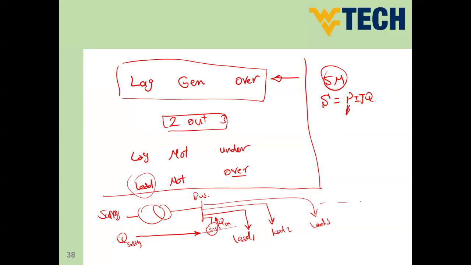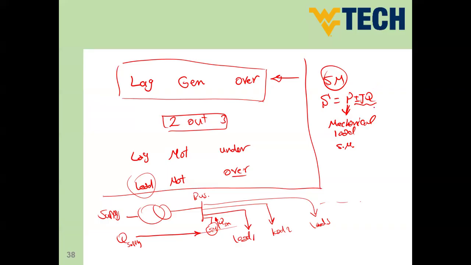With the same mechanical load, because mechanical means it absorbs active power, we can control this term to be positive or negative, in another word, to be delivering reactive power or absorbing reactive power. If the synchronous motor is lagging power factor, it will absorb reactive power. If it is leading power factor, it will deliver reactive power. And the load is independent. The load means the active power is independent. We don't care about the reactive power right now.